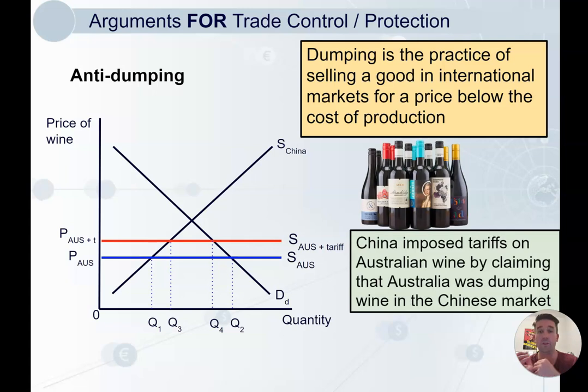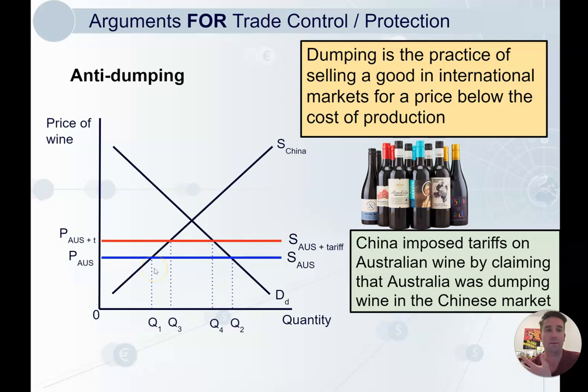Now, China claimed that Australia was dumping its wine in the Chinese market, so selling it artificially cheap in the Chinese market in order to gain market share. That is probably not what happened, but what this meant was, if this is the Chinese market for wine, we've got supply of China here.